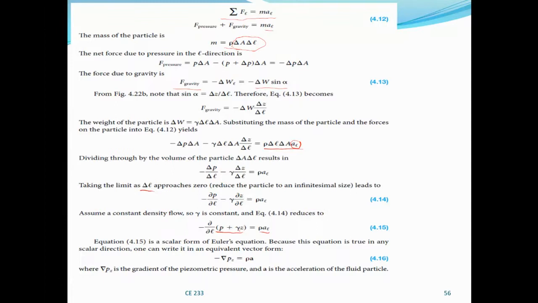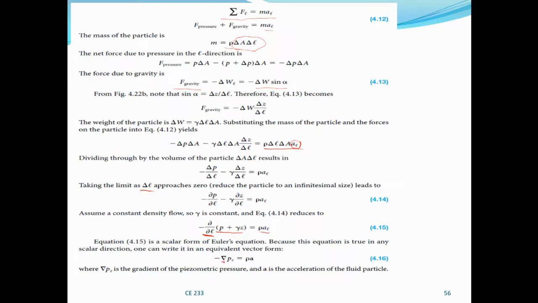So in this case, this is the scalar form of Euler's equation, because this equation is true in any scalar direction. L is simply any given direction. It can be x, y, or z. And we can write its equivalent form to take care of all the directions using the gradient.